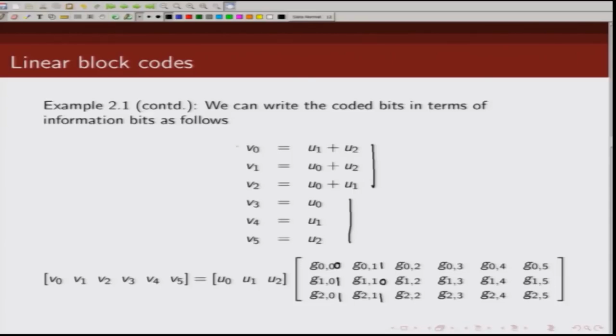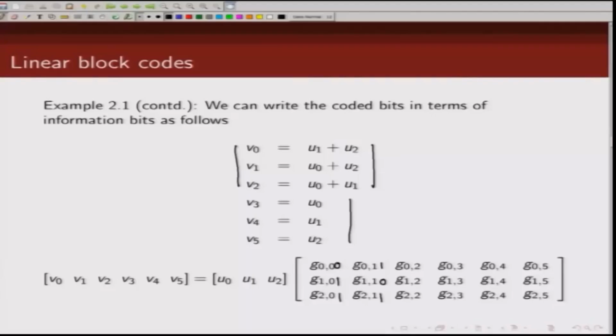So, from the output code word we can clearly separate out the information sequence, which in this case is given by V3, V4 and V5. So, V0, V1, V2 are these n minus k parity bits, and V3, V4, V5 are my information bits.